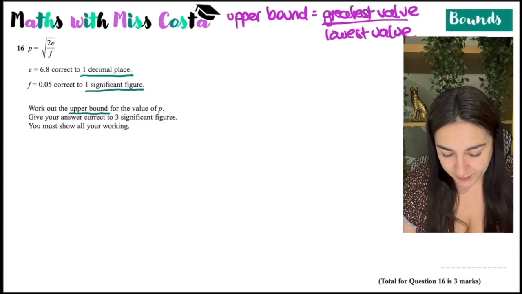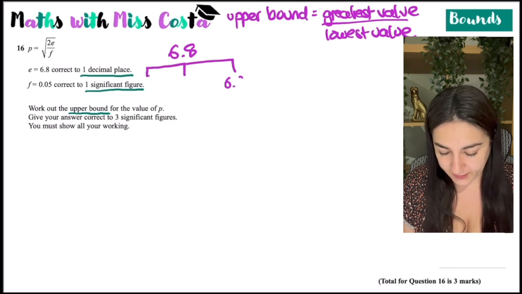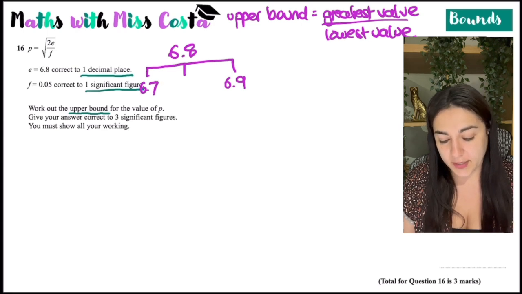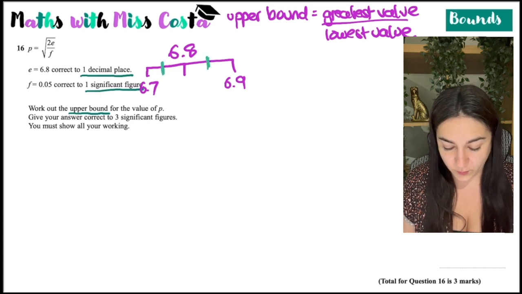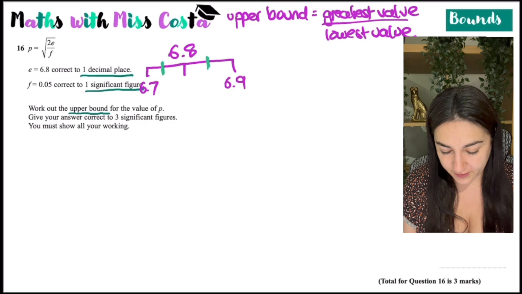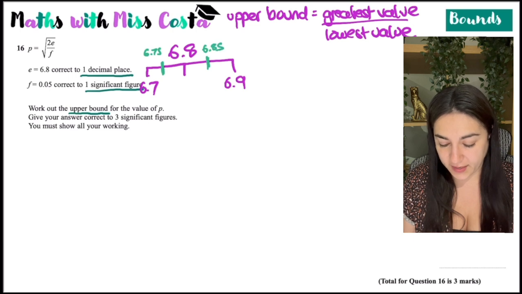So let's have a look at e. 6.8, correct to 1 decimal place. Okay, so if it was 6.9 or 6.7, it would have rounded differently. So therefore the bound within which it lies, the lowest value it could be is 6.75, and the largest possible value it could be is 6.85.